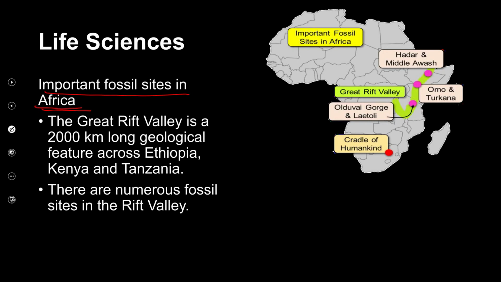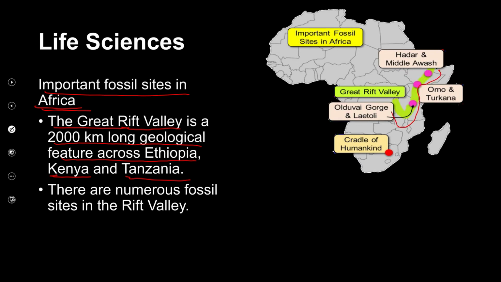A very important area where we found lots and lots of fossils is the Great Rift Valley, which is about a 2,000-kilometer geological feature across Ethiopia, Kenya, and Tanzania. If you have a look at the diagram, you can see it's highlighted very nicely.